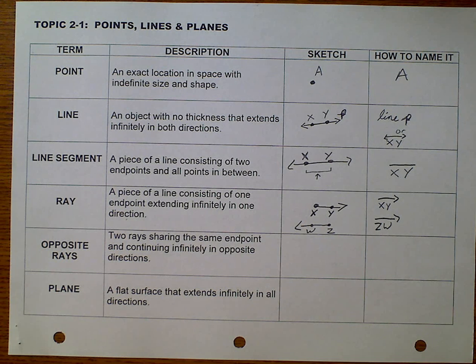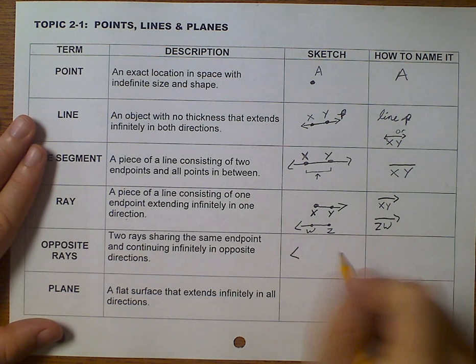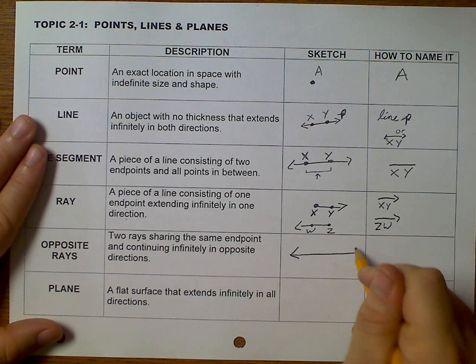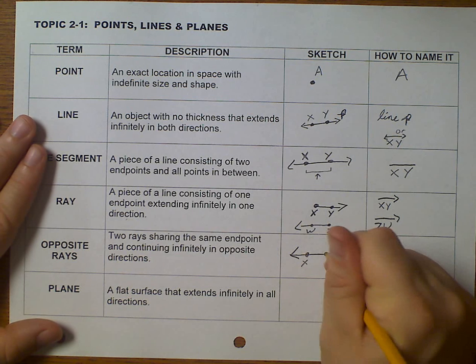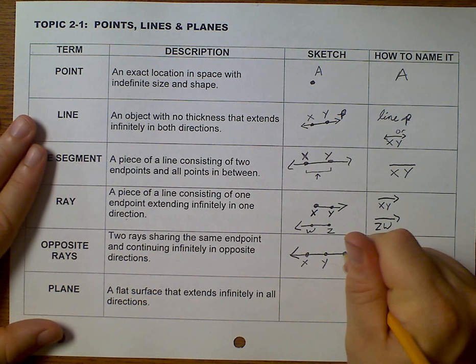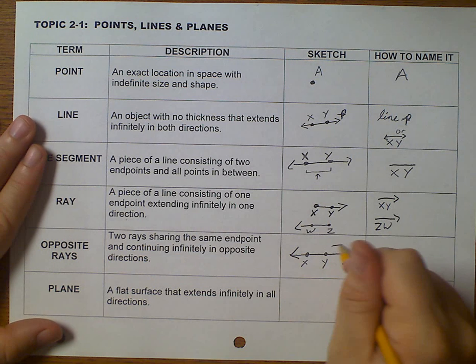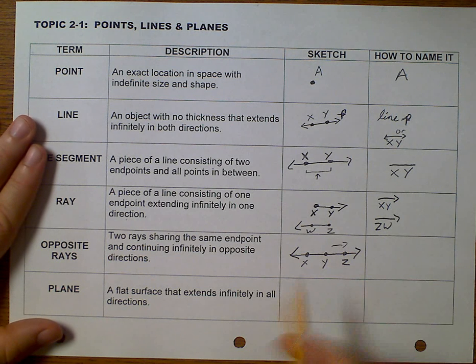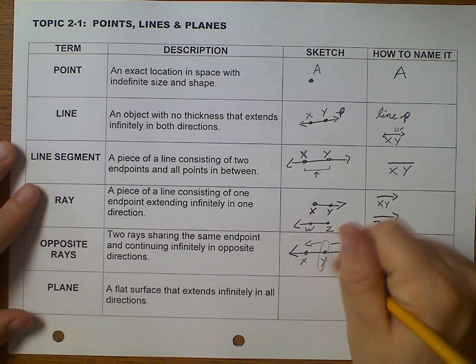So we're talking about opposite rays. We're going to have X, Y, and Z. Well, we've got one ray that goes that way, and we've got another ray that goes that way. It's the same line, it's just going in two different directions, and Y is our common endpoint.